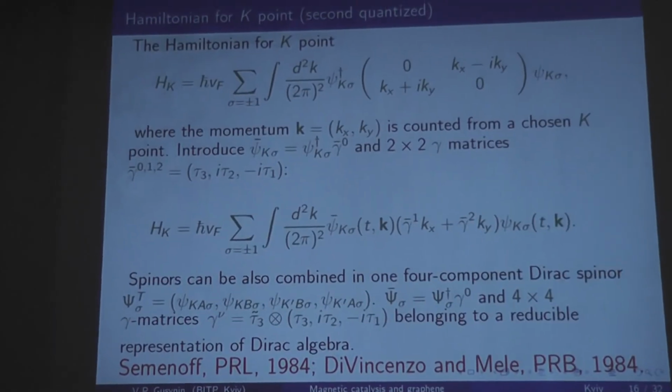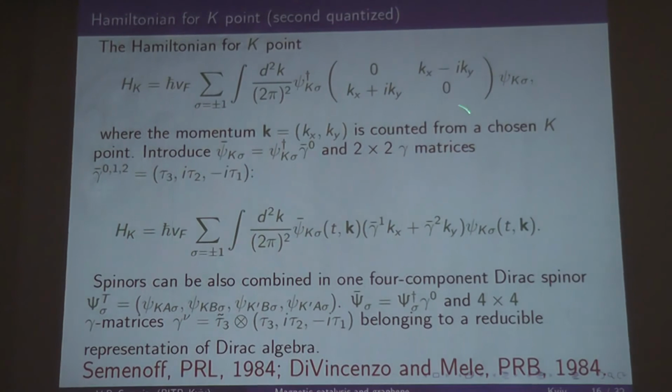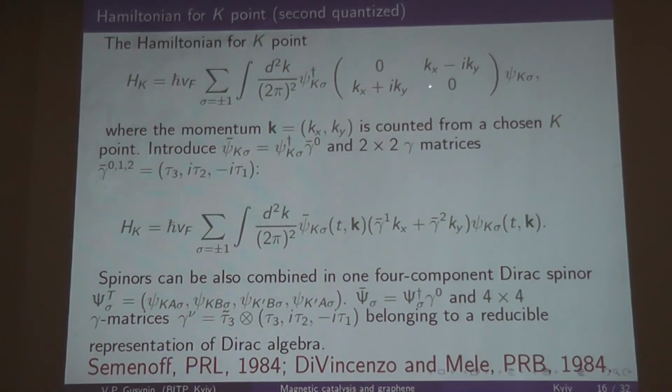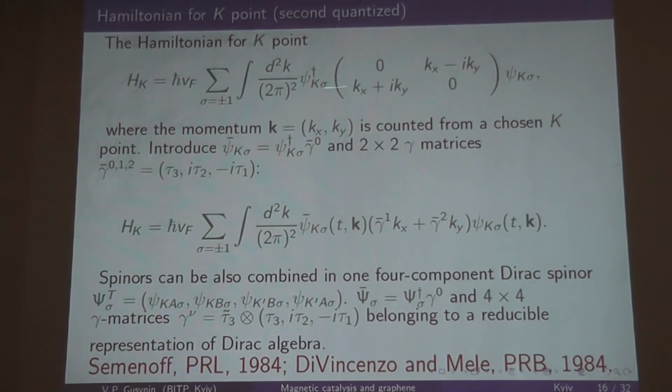This is very well known, so I will be brief here. You can linearize your Hamiltonian near this K point. You have spinors, 2 by 2 matrices, and combining K point and sublattice spinor gives 4 by 4 matrices.